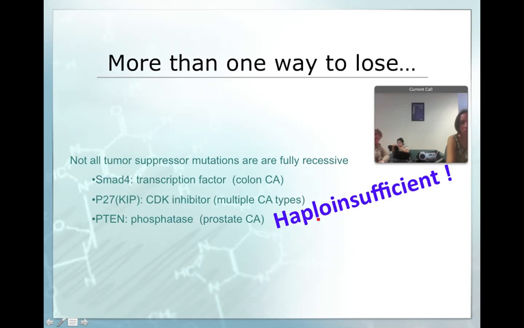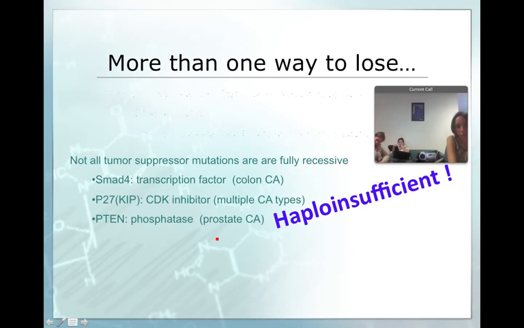When you have just one copy of that tumor suppressor, it is insufficient to make up. So if you take out one, you're going to get a phenotype. Very likely, if you take out the other one, the phenotype is going to get worse. But anyway, this is a decent term for you to understand.